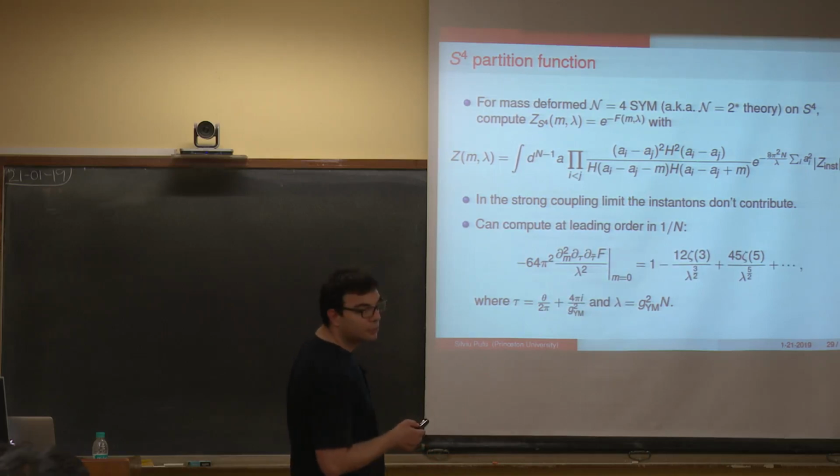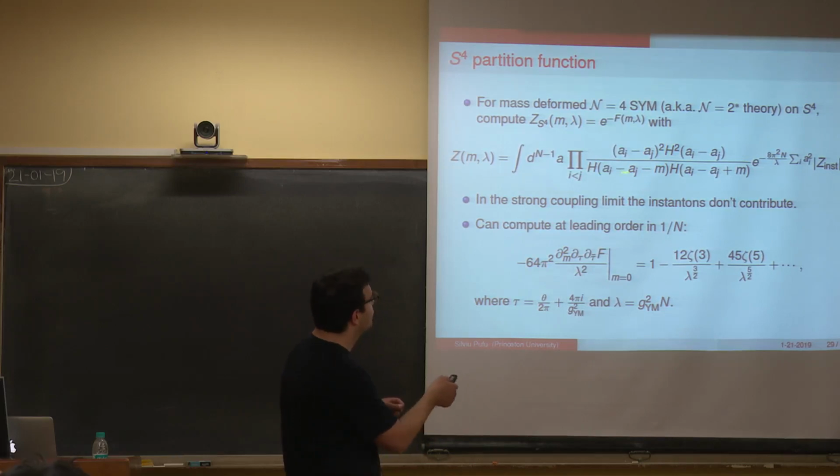So for non-zero mass, is it like a matrix model with some fundamental something? With non-zero mass it is non-Hermitian, so the interaction between the eigenvalues is some complicated function of the difference of the eigenvalues.